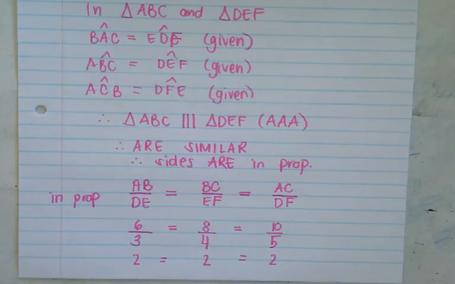So AB is proportional to EF, and BC to FD, and AC is ED. We would write that down tomorrow. So we would say AC divided by ED, BC divided by FD, and AB divided by EF. We'll fill in the numbers and then we will solve. Okay, and we'll do that tomorrow.